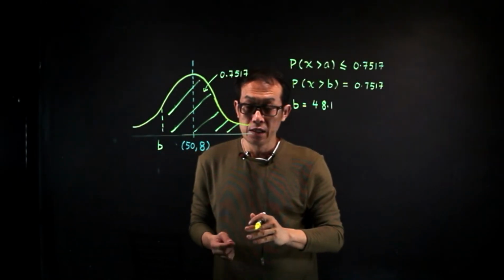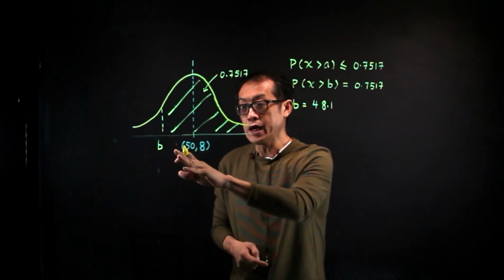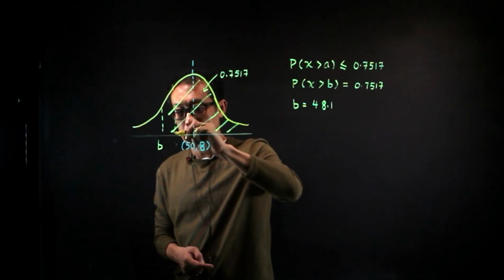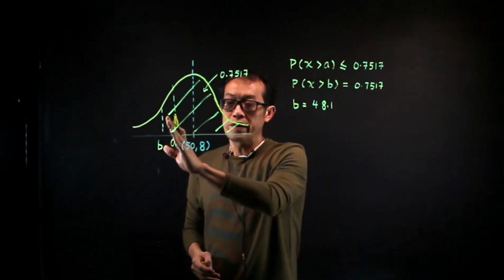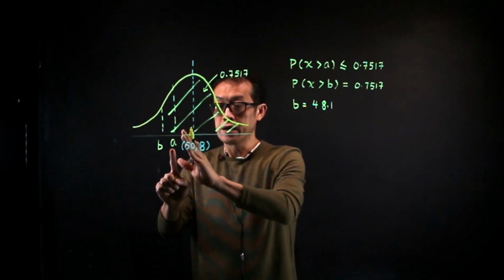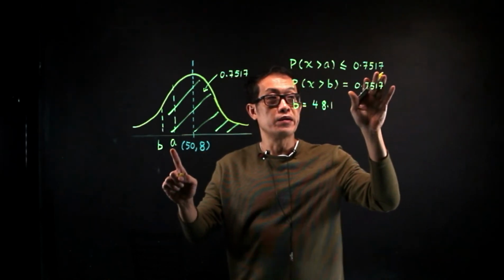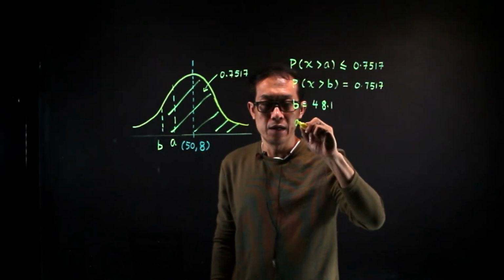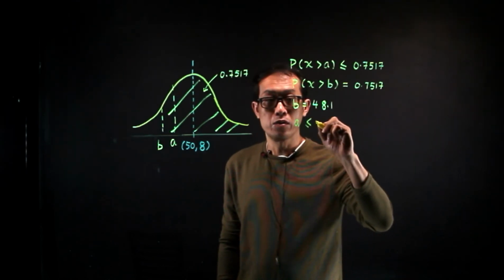Let's now look for the range of values of A. Say A is on this side of the value of B. Then if X is greater than A, the probability is less than 0.7517. So the value of A has to be less than or equal to 48.1.